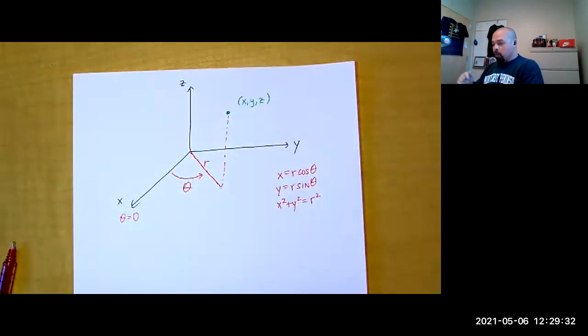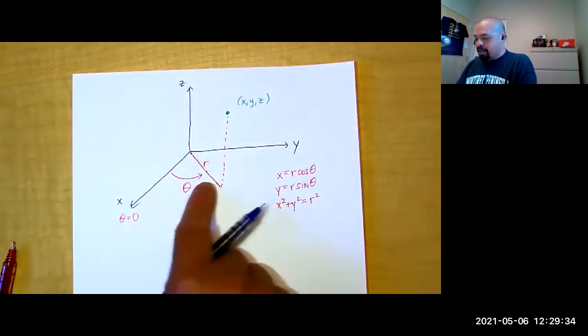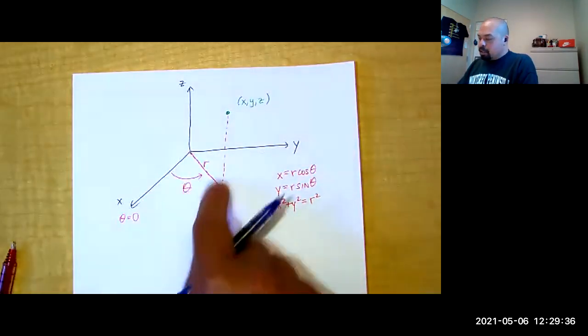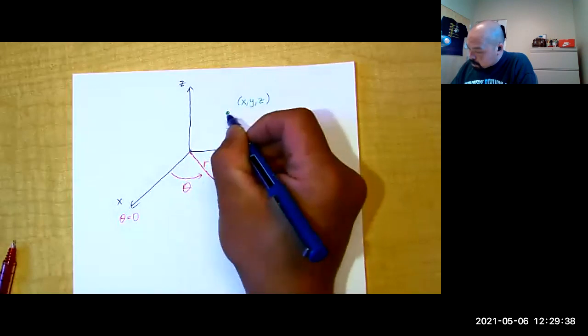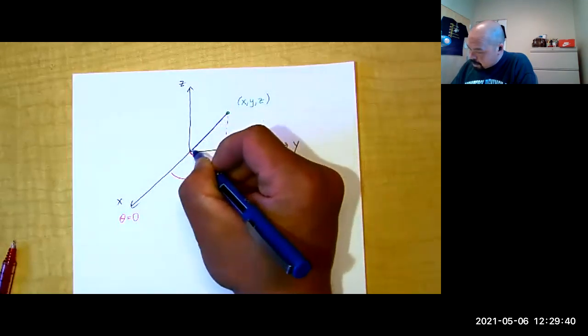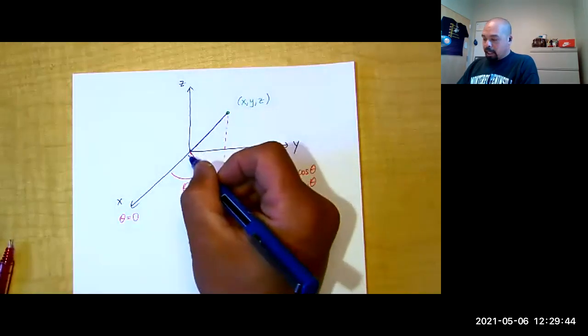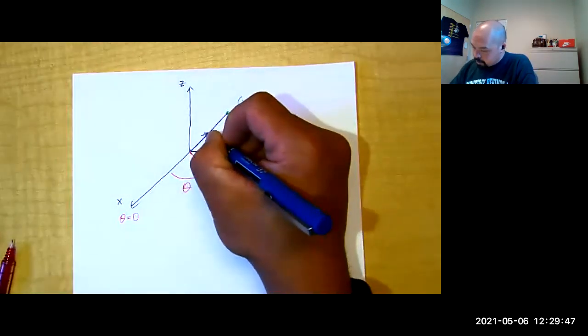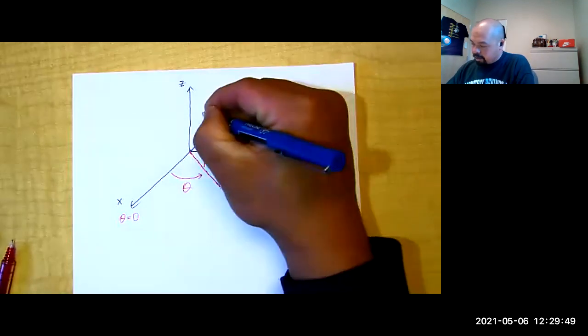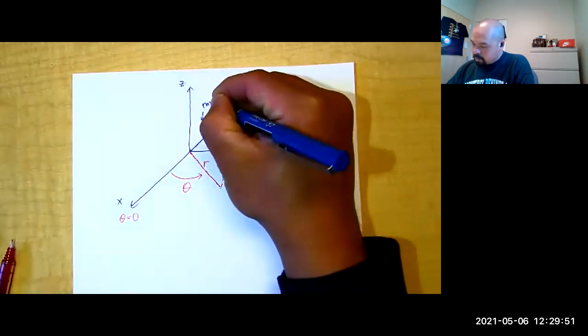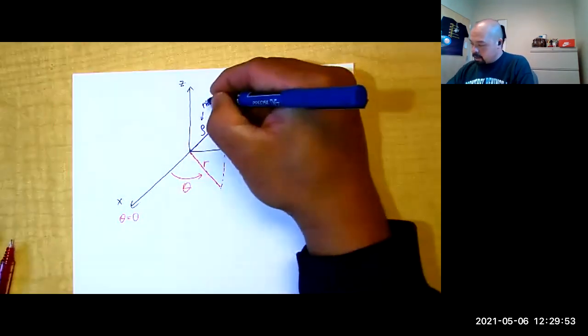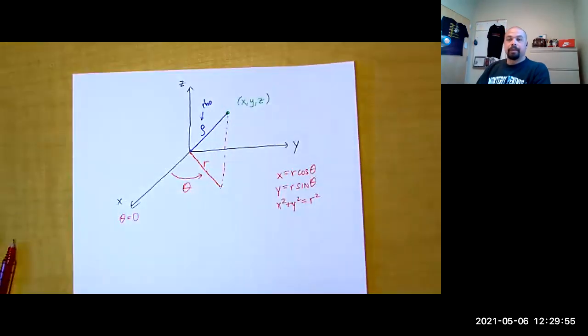But now with spherical coordinates instead, we're going to have that measure out in this direction. But now we're also going to measure some information in this regard. So from the origin, from our center, we're going to measure, this is our Greek letter rho, like our Greek R, if you will.